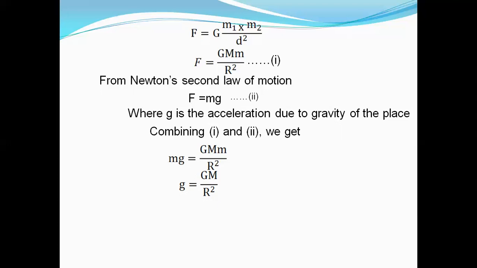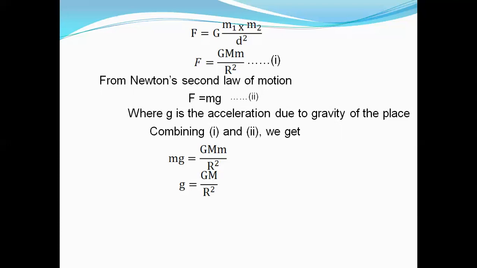For example, for the Earth, the polar radius is less and the equatorial radius is more. So for the same Earth having the same mass, the radius is different. So due to different radius, at a different place, g will change, but G and M for a particular heavenly body remain the same. So let's suppose its value as K. So the expression will be g equals K by r square. If you remember from the previous classes, when we have to change a proportionality sign into equality, we use an equal sign and a constant.